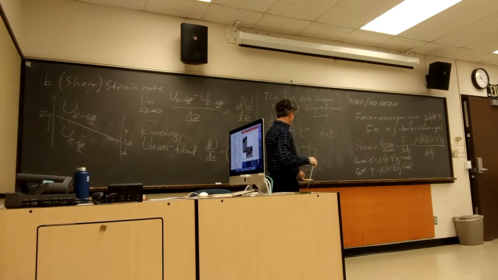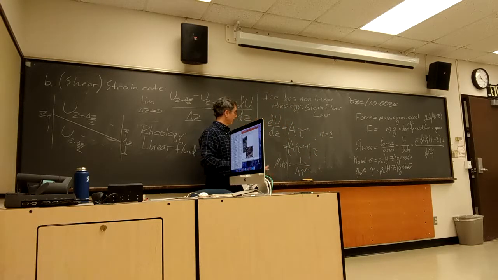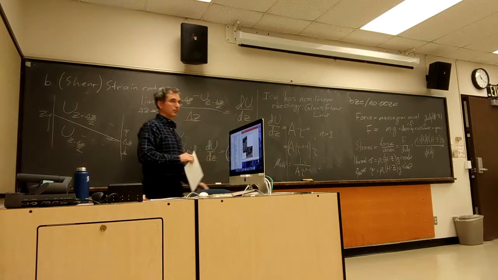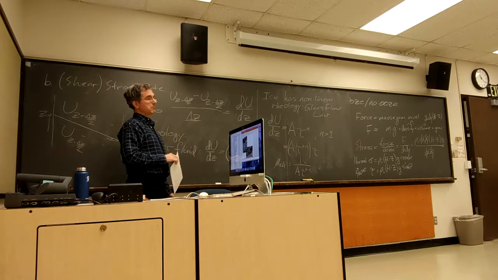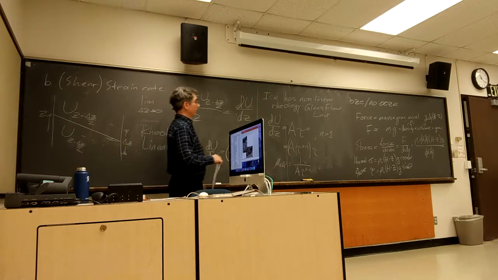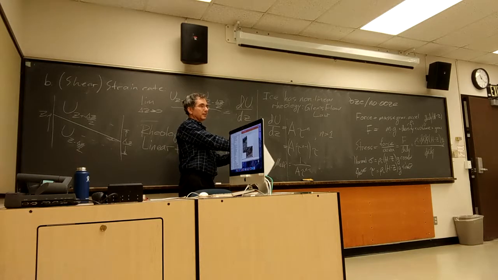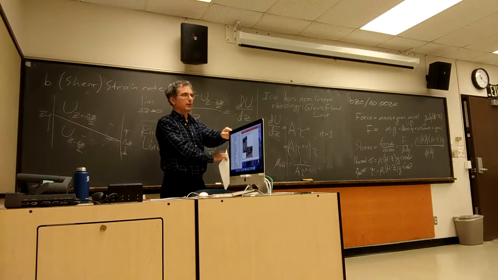If n is 3, that means that the viscosity of the ice varies with the shear stress squared, but inversely. That means that the greater the shear stress between my planes of ice, the lower the viscosity, and relatively dramatically lower.